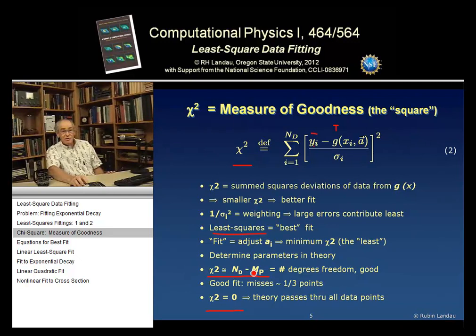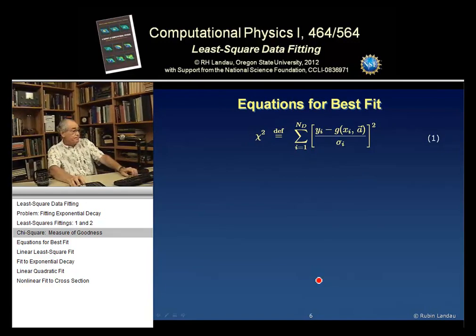If you're getting chi-squared is 0, that means you're fitting 2 data points with 2 parameters. Anybody could do that. That's no good. If you want to fit, say, 100 data points with 2 parameters, then you've got a good fit, and a chi-squared of about 98 would be a good fit to the data. So that's the key here. You don't want chi-squared to be 0. You want it to be small, roughly equal to the number of degrees of freedom.